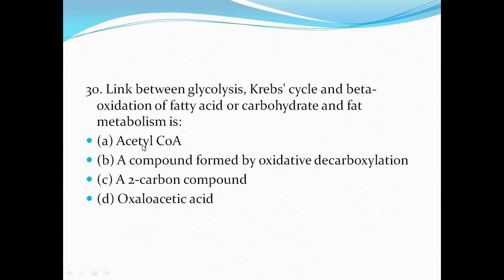Glycerol is converted into pyruvic acid, and pyruvic acid is again converted into acetyl CoA. Similarly, amino acids are first converted into pyruvic acid, and pyruvic acid is again converted into acetyl CoA. So acetyl CoA connects all these different metabolisms. This we already discussed in the amphibolic pathway.